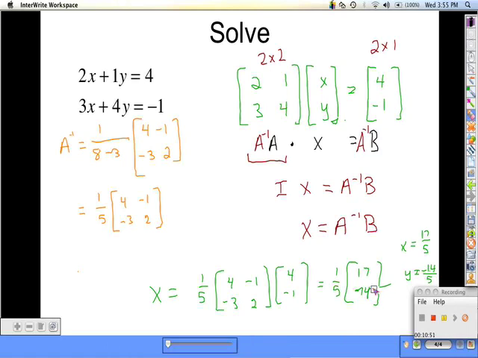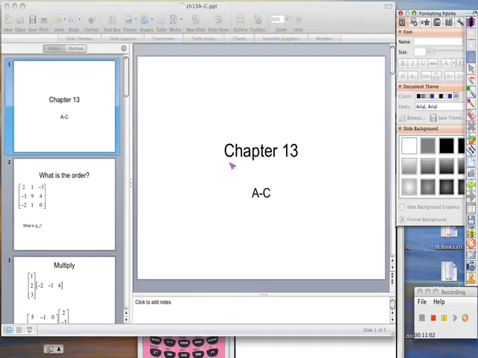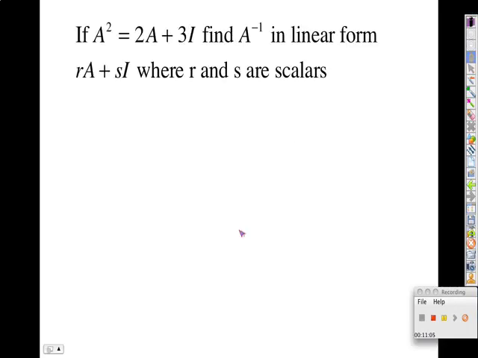For a 2 by 2, this isn't a terribly difficult thing to do by hand. Once you get bigger than a 2 by 2, though, the work becomes considerably more. And so we're going to rely kind of heavily on our graphing calculators as we get bigger.